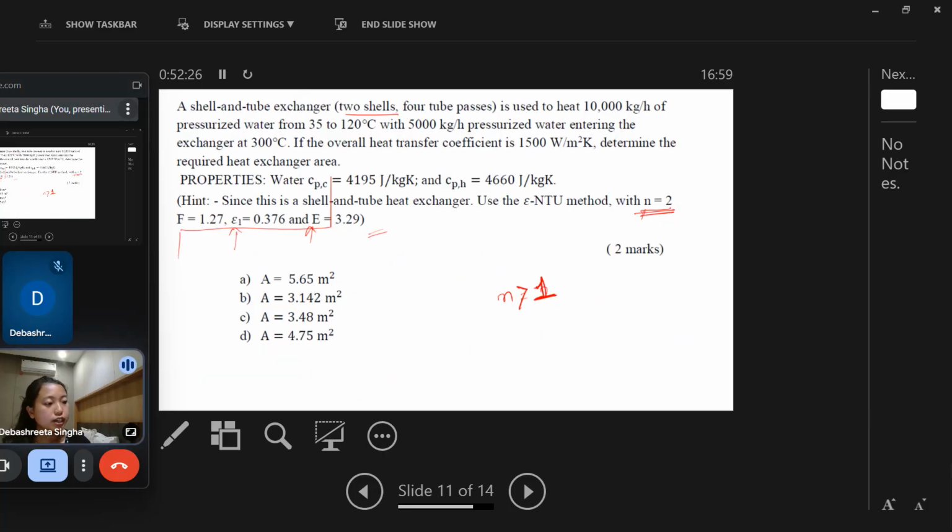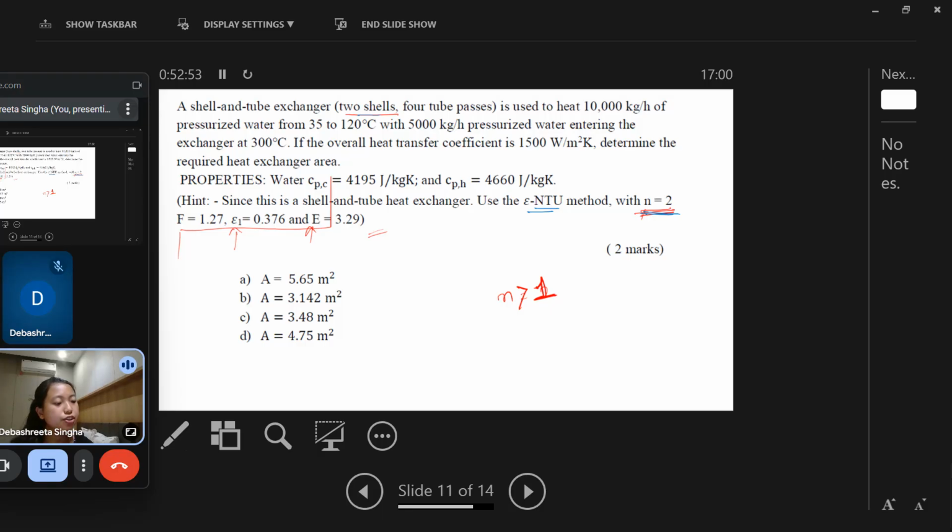So the next question is about, okay, this is something it may or may not be taught. I don't know. This uses the epsilon NTU method, and this is for more than one shell pass. This is for two shells. So just briefly, I'll tell you what this is.